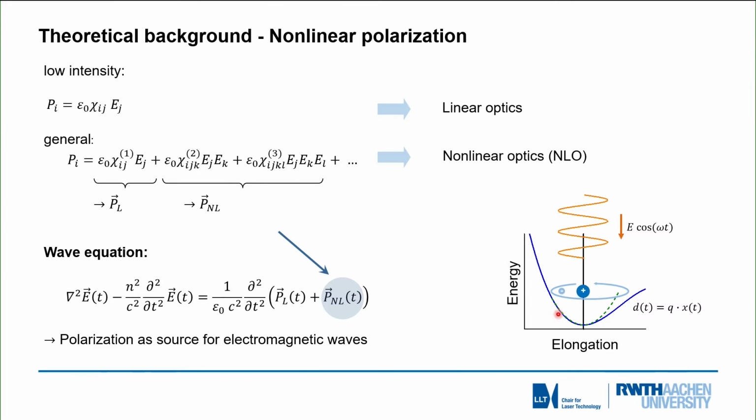Here you see in the dotted version the harmonic potential, as you all know it, from a linear connection of the exciting force. Then the reaction of a linear system will be linear, and we will have this parabolic energy spectrum. However, if it becomes nonlinear, if you have higher order terms, then this relation becomes nonlinear.